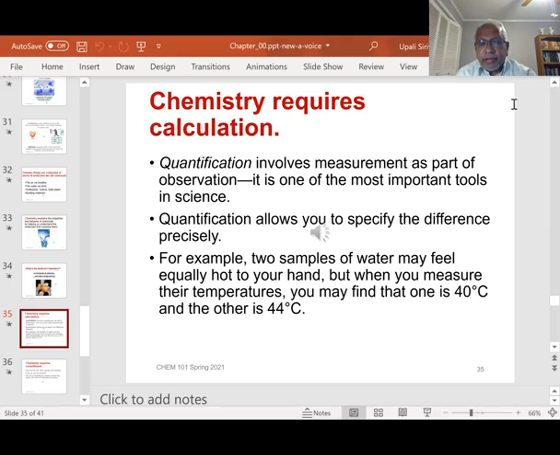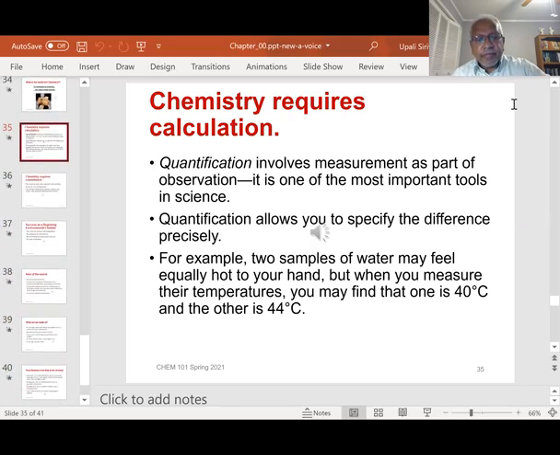You may find that one sample of water is 40 degrees Celsius and another is 44 degrees Celsius. There's a temperature difference, the heat content is different, and matter also changes physical state depending on the temperature.